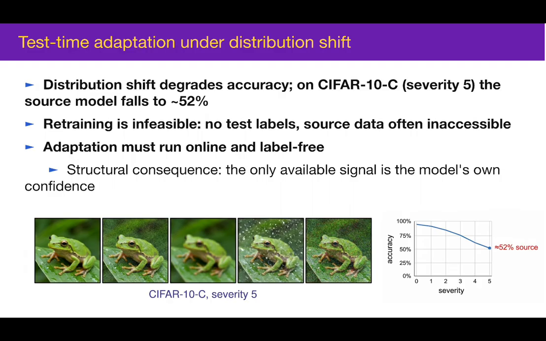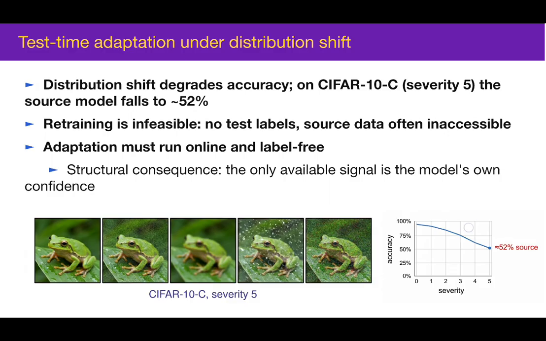The test data is shifted away from what the model has learned. And as you can see here, like this image, when this happens, the accuracy drops a lot. And on this benchmark called CIFAR-10 corruptions, the model falls around 52%, which is a lot, I think.